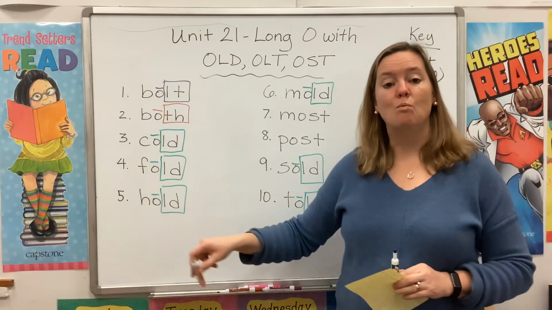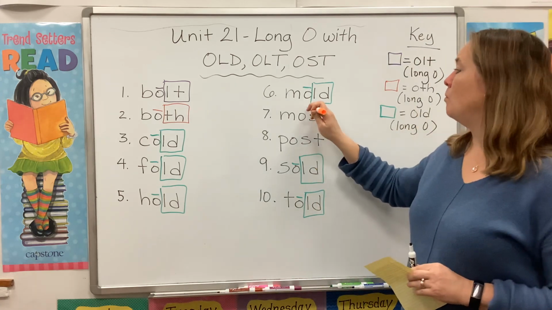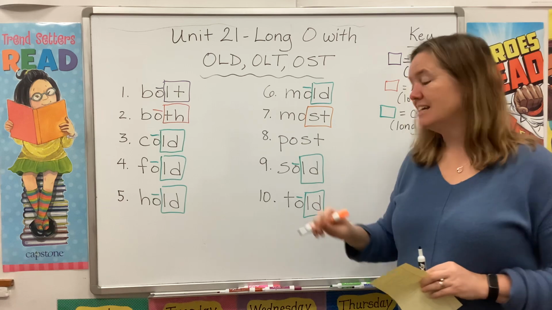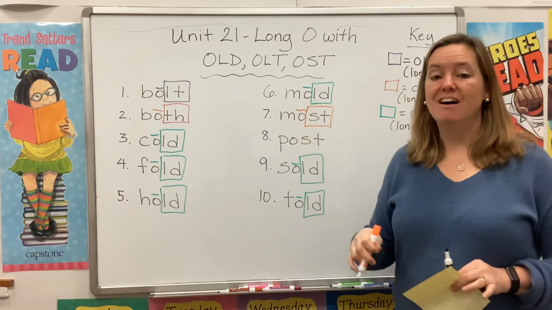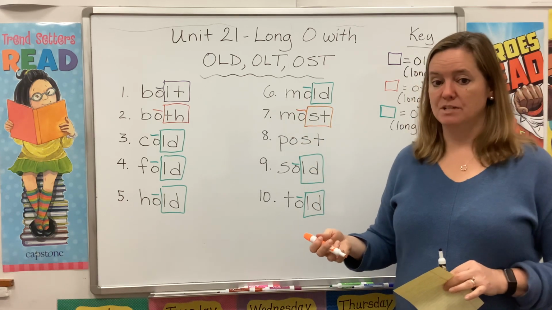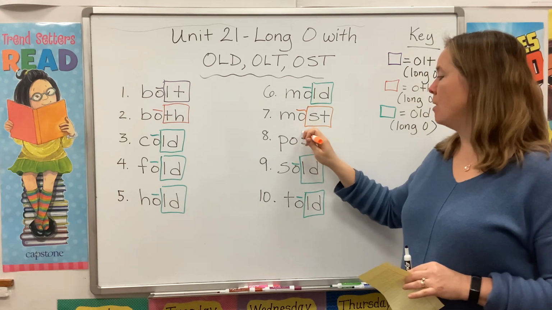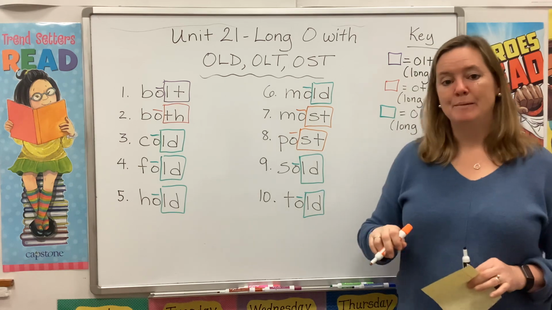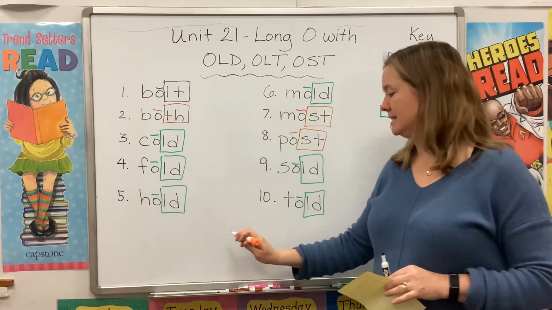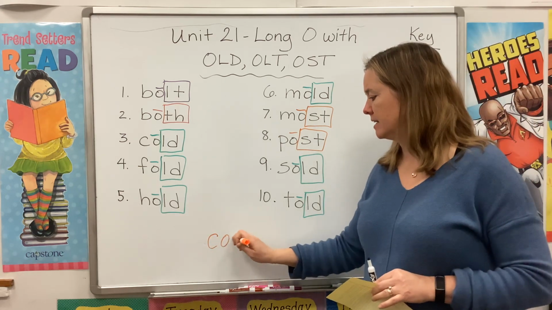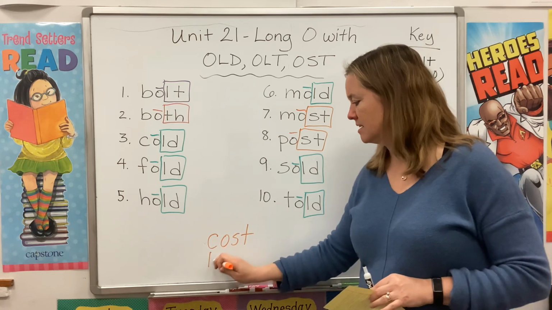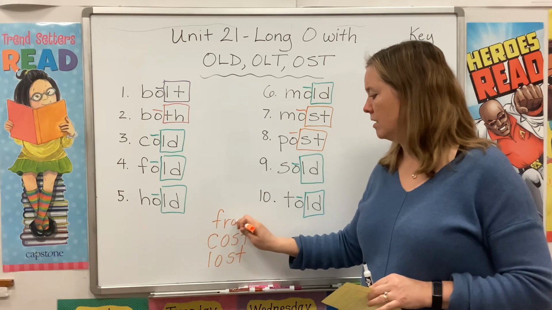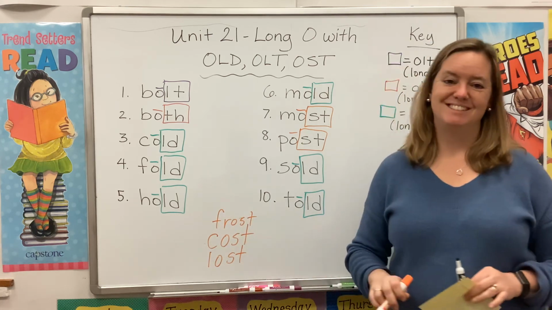Okay, and then we have one more. When O is followed by ST, it will often take on a long O sound. You'll see that in the word most and post, okay? You won't see that in words like cost or lost or frost, right?